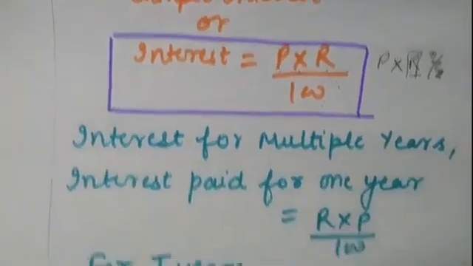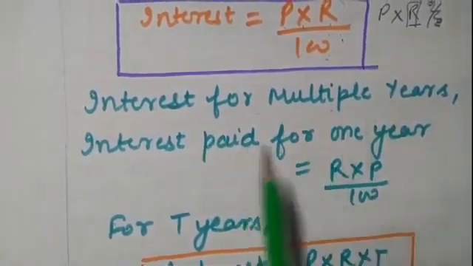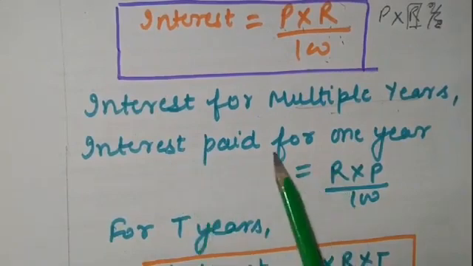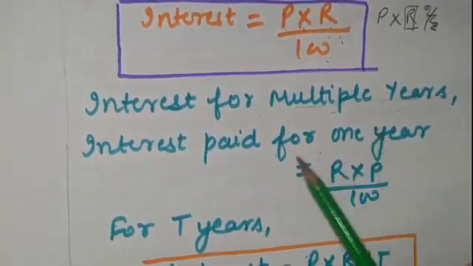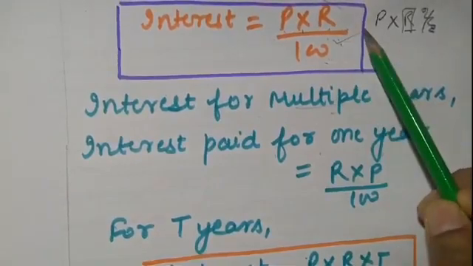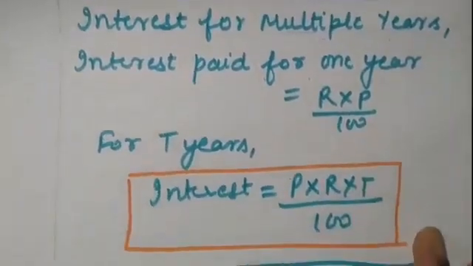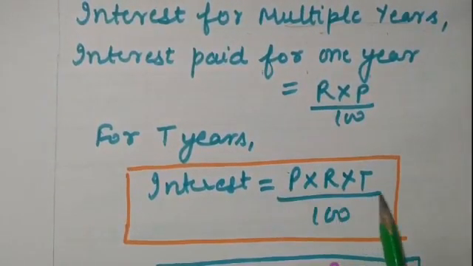Suppose you have to calculate simple interest, or you can say interest, for multiple years. Multiple years means more than 1 year. We have done that interest paid for 1 year is this. And if you have to find interest for multiple years, suppose for T years, then interest can be given by P into R into T over 100.